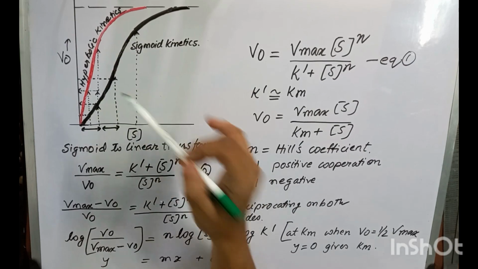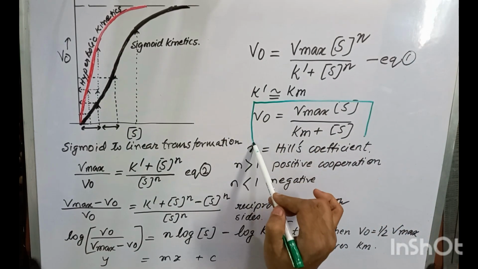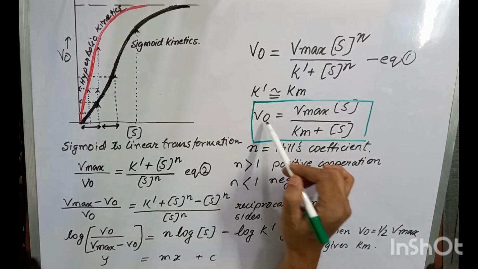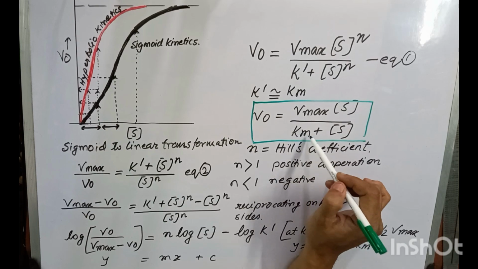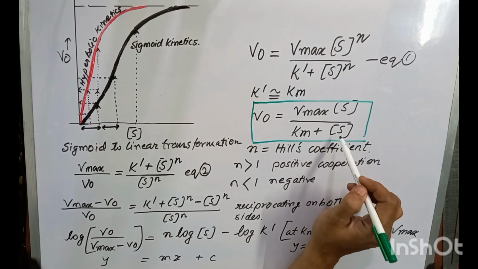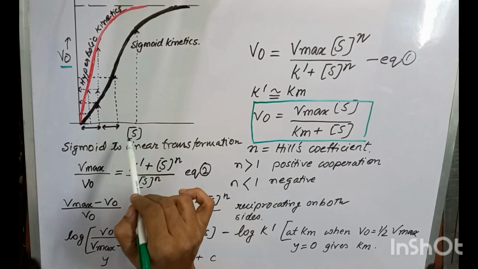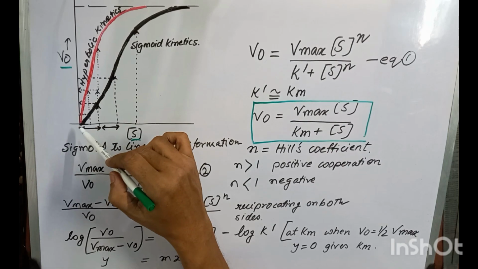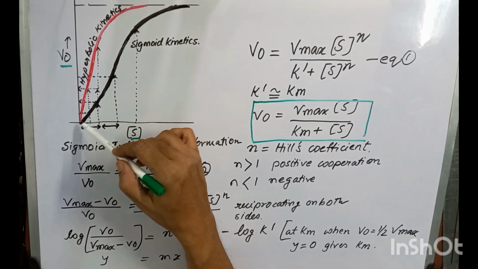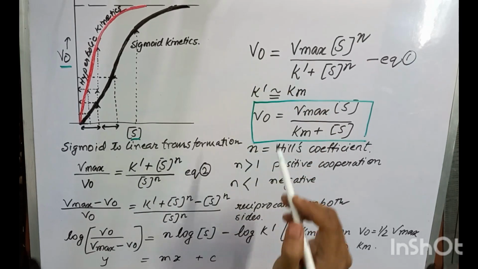The Michaelis-Menten equation is V0 equal to Vmax into S by Km plus S, where S is the molar concentration of substrate. If we plot V0 against substrate concentration, we obtain the hyperbolic kinetics. And the sigmoid kinetics is given by the Hill equation.